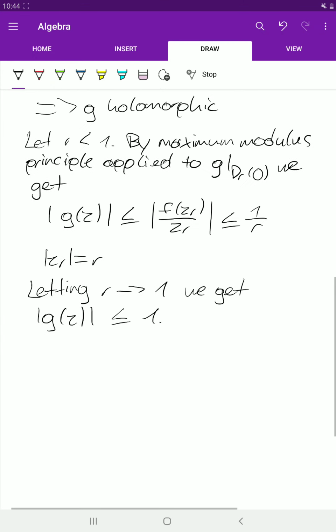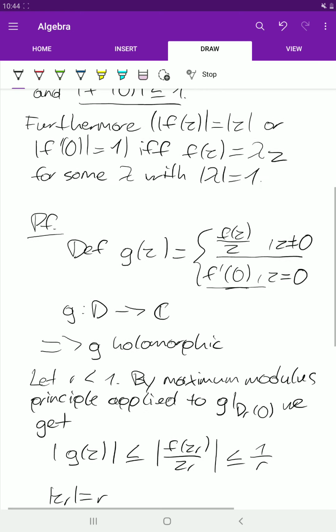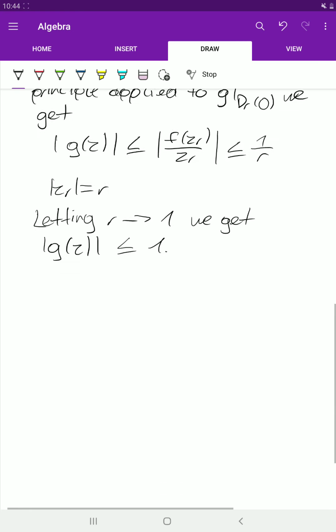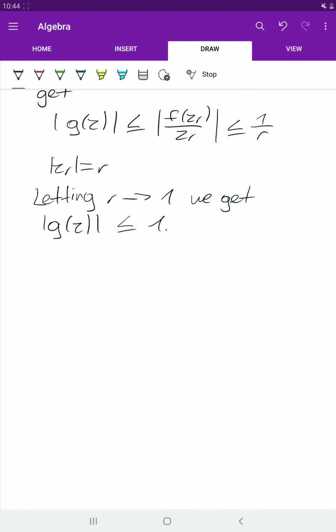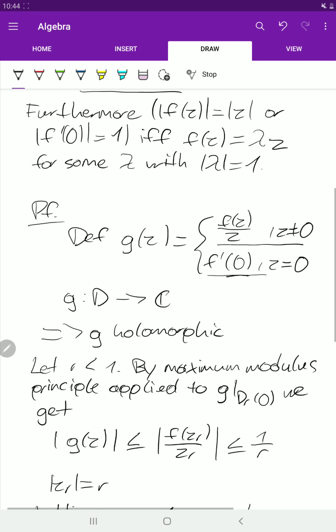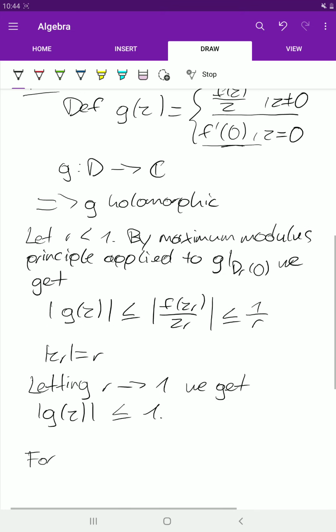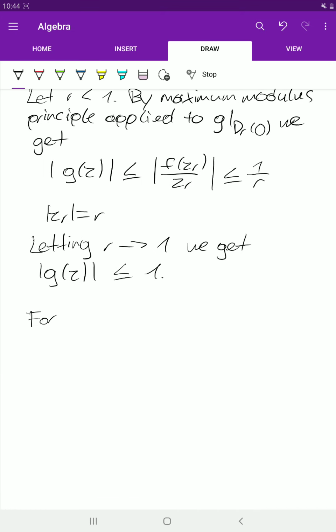Okay, and now let's prove the second part. So let's assume that either the modulus of f of z is equal to the modulus of z, or that the modulus of f prime at 0 is 1.